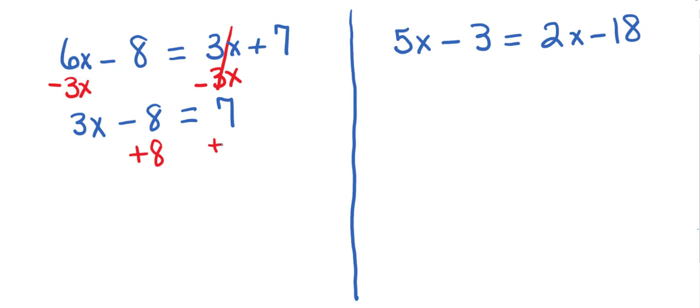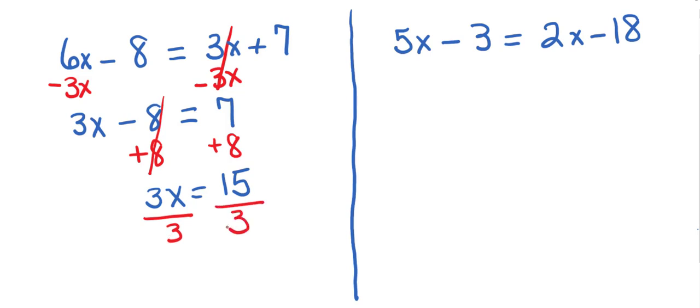Add both sides. Clean up. So we have 3x equals 15. Go back on the side with the x, and now you're ready to divide by the coefficient, and it gives you x equals 5.